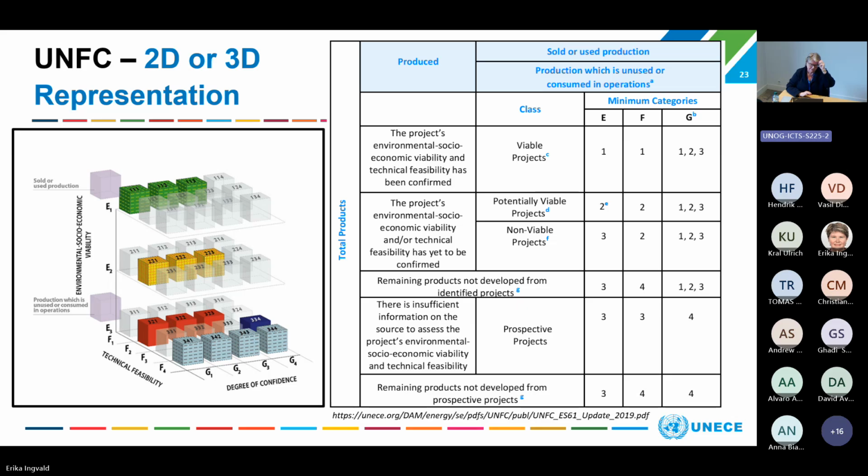You could show UNFC either in 2D or 3D. However you choose to think about this, this is helping you using all the information in your application to do this classification. It helps you to figure out if your project would be deemed viable or potentially viable or even non-viable.